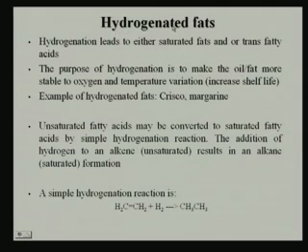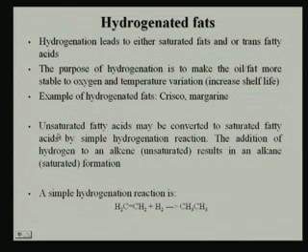If we come to this hydrogenated fat, hydrogenation leads to either saturated fat or trans fatty acid. The purpose of hydrogenation is to make the oil and fat more stable to oxygen and temperature variation, and it also increases the shelf life of the product. One example of this is Crisco or margarine.